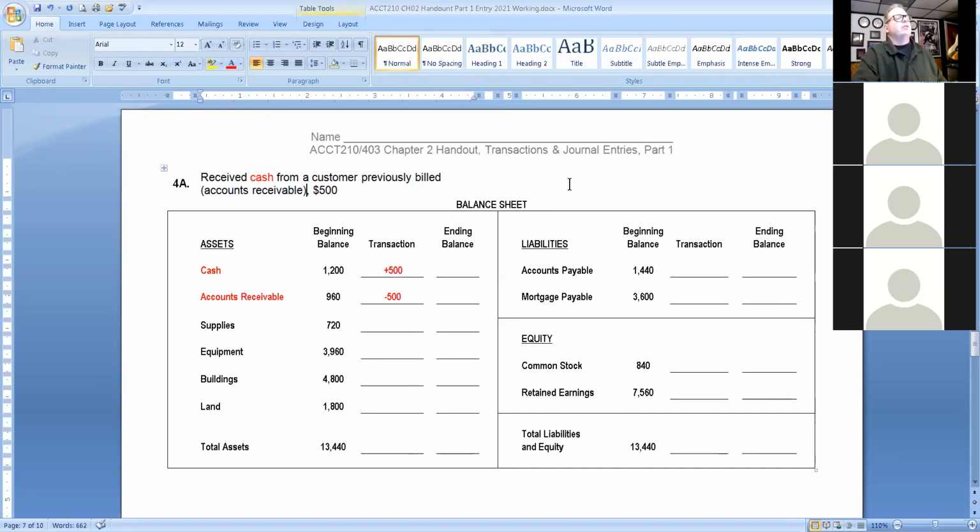Yeah, so our accounts receivable will go down now. They owed us this money. Now they paid us. Our cash goes up by 500. Our accounts receivable goes down by 500. So now we're only owed 460.